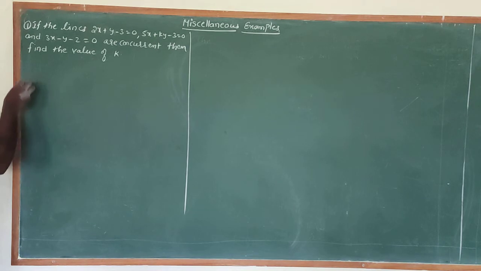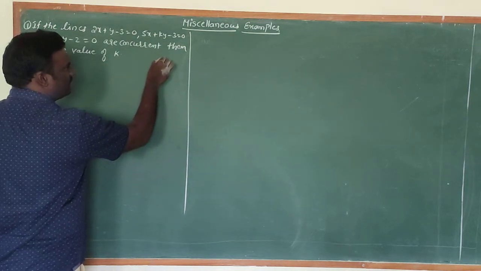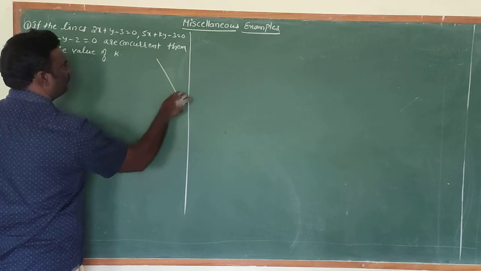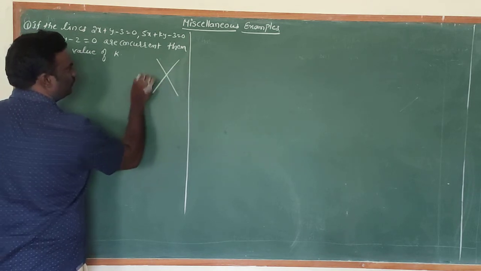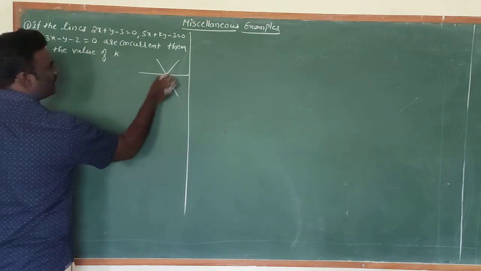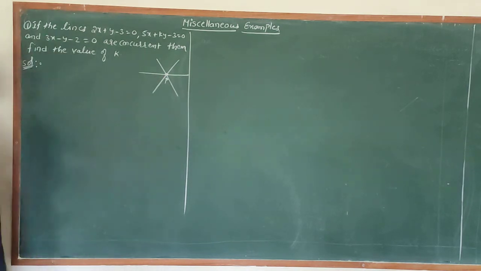So here, totally 3 lines are given. Concurrent means the lines will come like this, so these are the concurrent lines having the same common point.